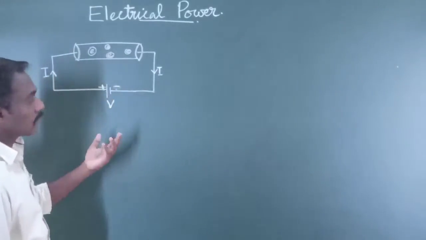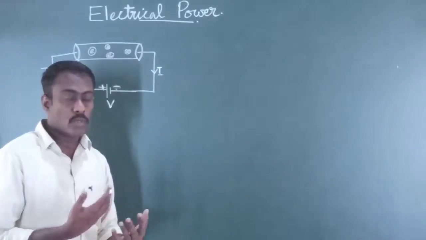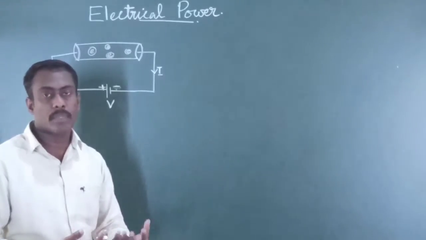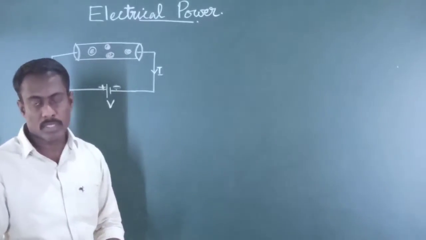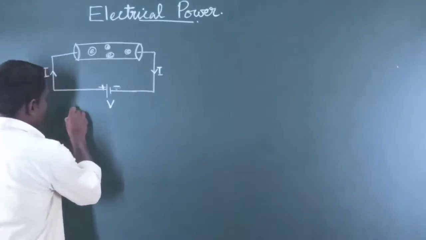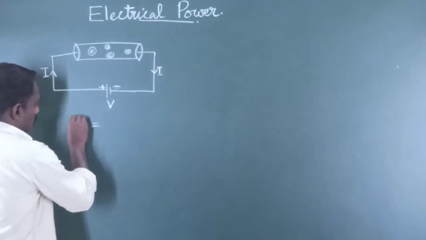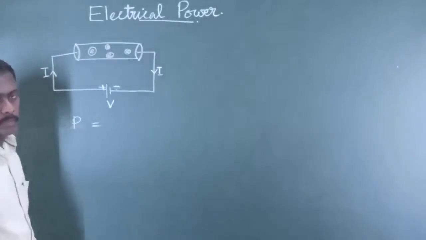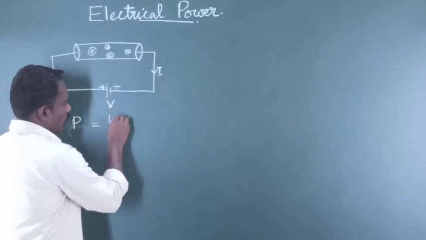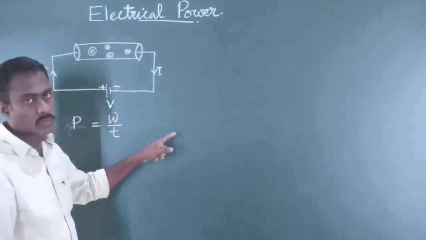So the electrical power is the rate of electrical energy. We can write electrical power P is equal to W divided by time. And what is W? W is the work done.